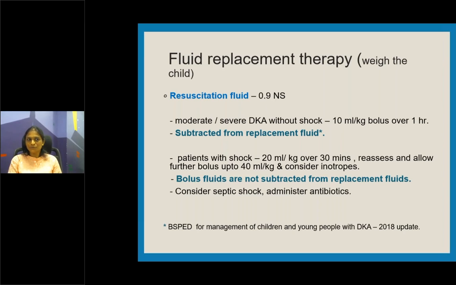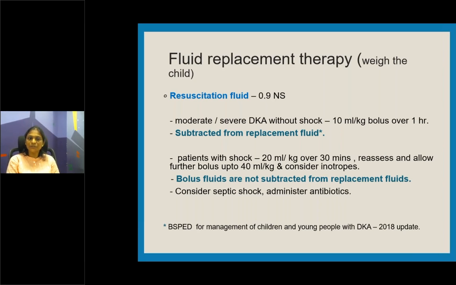Previously, about 5 to 8 years ago, we were very strict on fluids with DKA. We were worried that when we give a large bolus of fluid, children will go into cerebral edema. But of late, recent guidelines have relaxed the fluids.